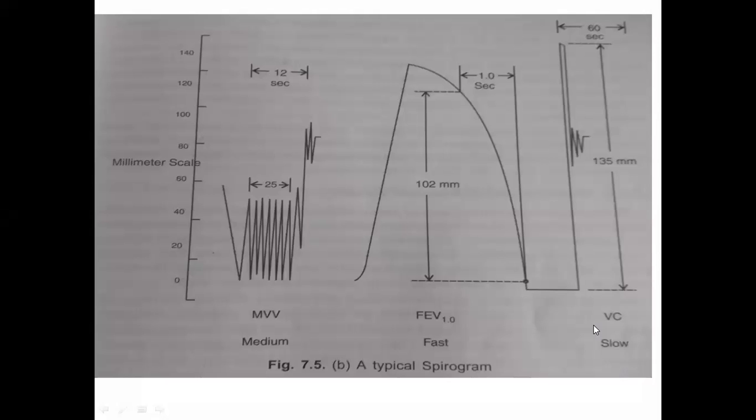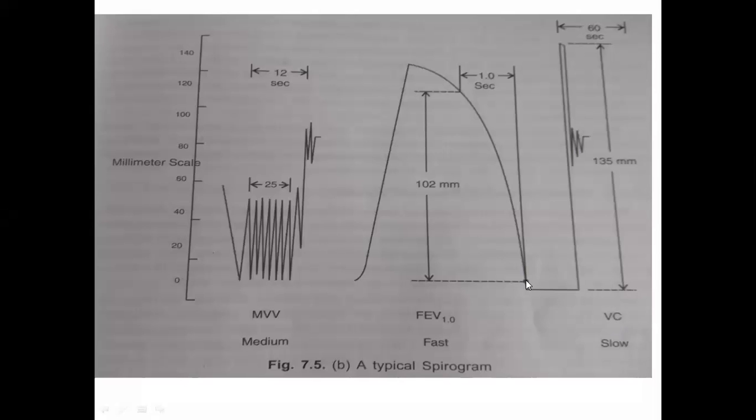When the drum is rotated at 32 millimeters per minute, it is rotating very slowly. At that time we will tell the patient to take a breath, breathing process, inspiration and expiration. This recorder will record this type of variation, and with that we can get the vital capacity.